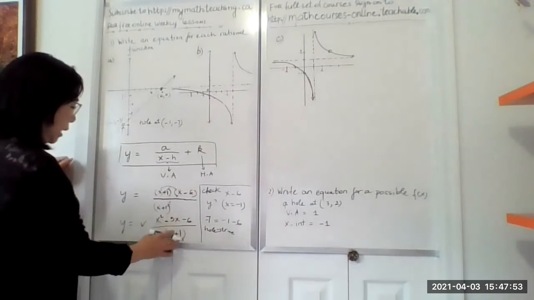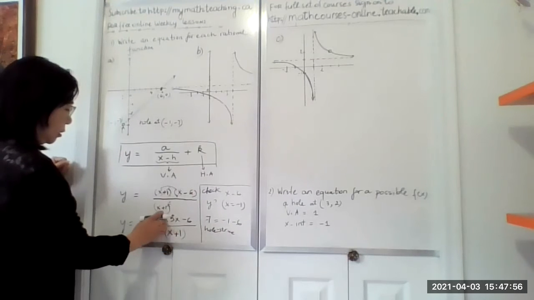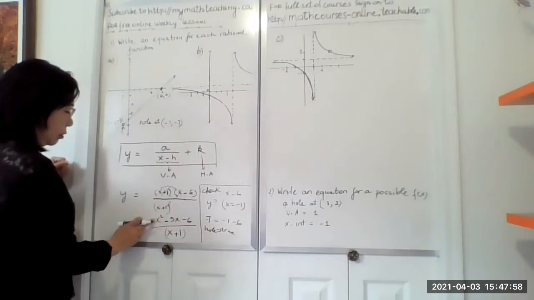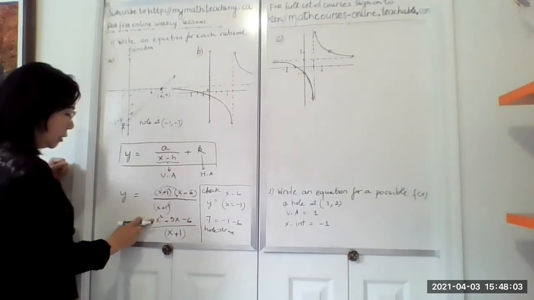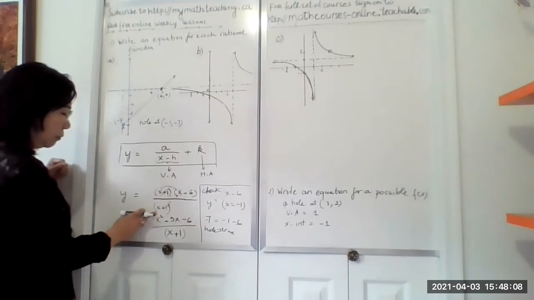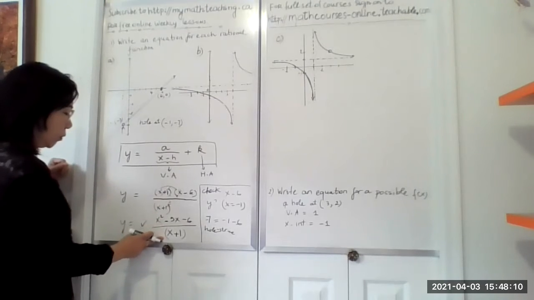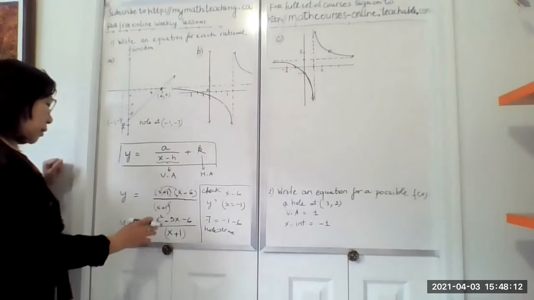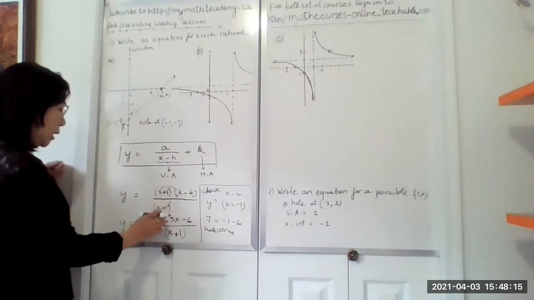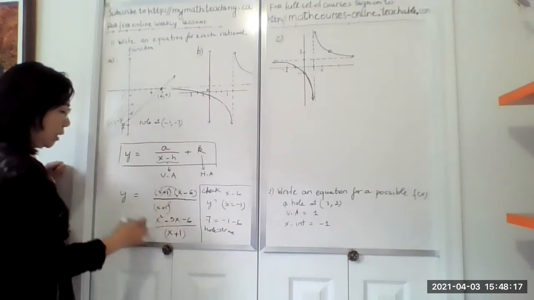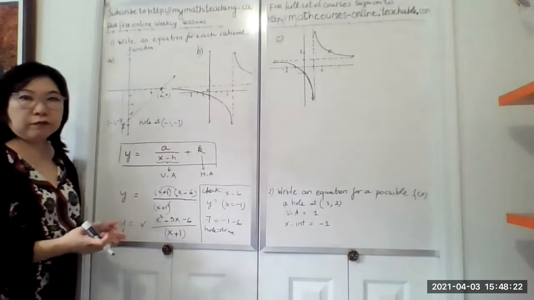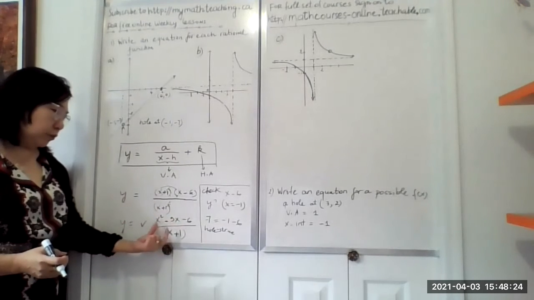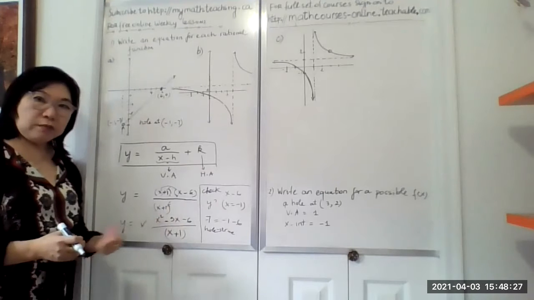We also realize that if the coefficient in front of x here is 1, but we have a higher degree on the top than the bottom, then we don't have a horizontal asymptote because we cannot find the y value when x gets very large.